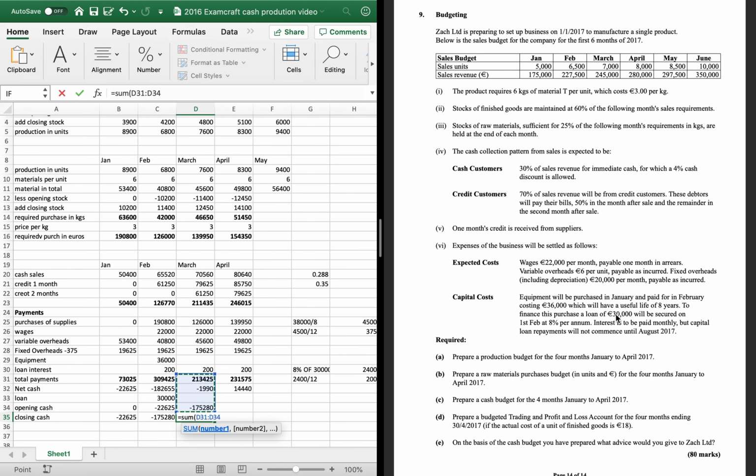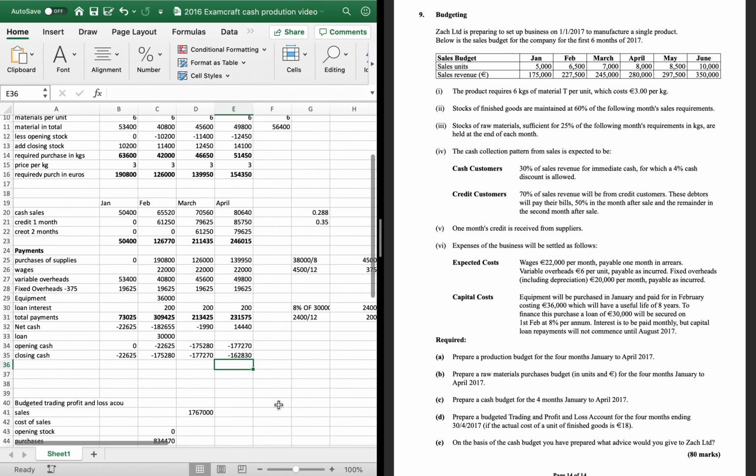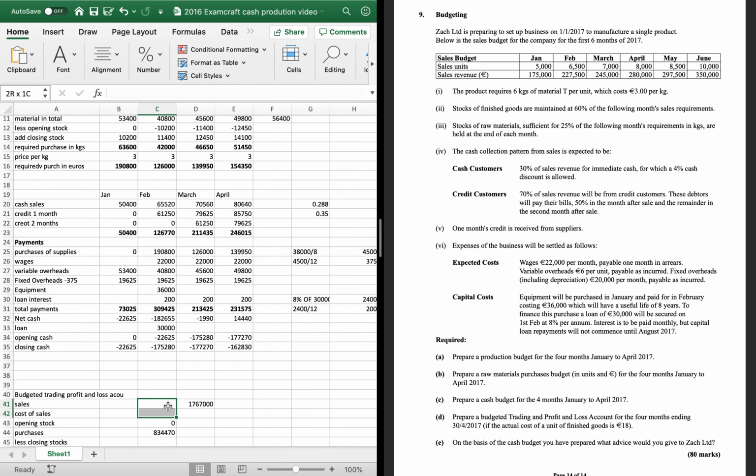So 213, minus 1990, no loan anymore, minus 175,280 is minus 177,270. And again, finish that off by 14,440 minus 177,270 is minus 162,830.